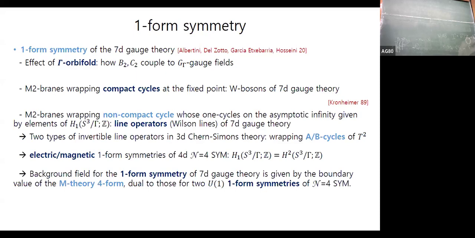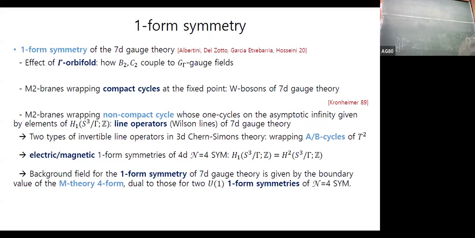And also, you can consider M2 branes wrapping non-compact cycle, radial direction, and whose ends will probe this orbifolded circle of S3, or fiber circle of S3. And this will introduce line operators of 7D gauge theories.